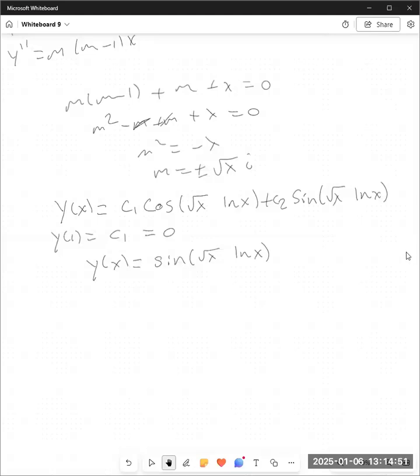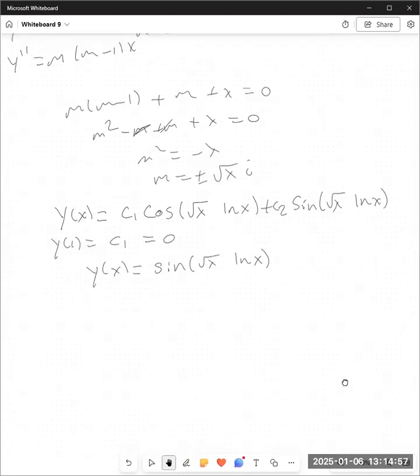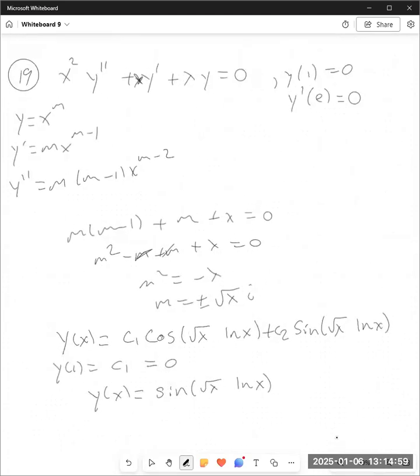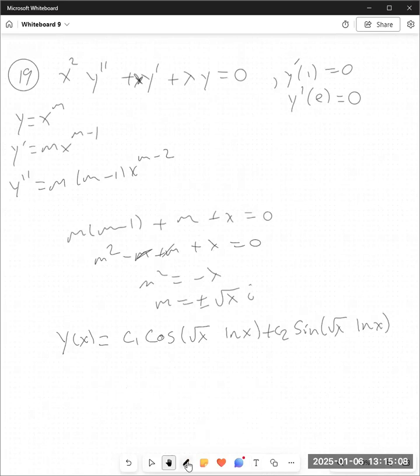I'm on 19. Sorry, so that one said y prime of 1 is equal to 0. So I need to find y prime before I continue here.